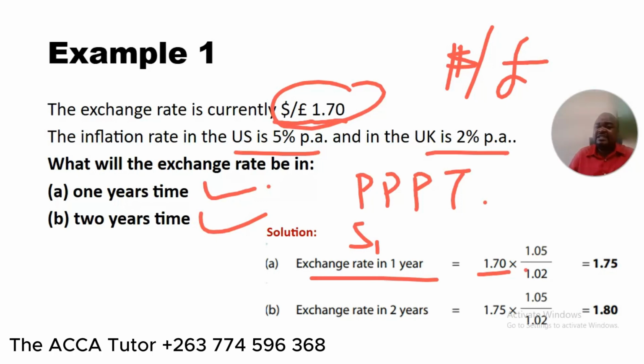And we have said that the base currency inflation is the denominator, which we are told is 2%. So 1 plus 0.02, that's what you are seeing there. And this is the counter currency inflation rate, which is the USD. And we get this amount.